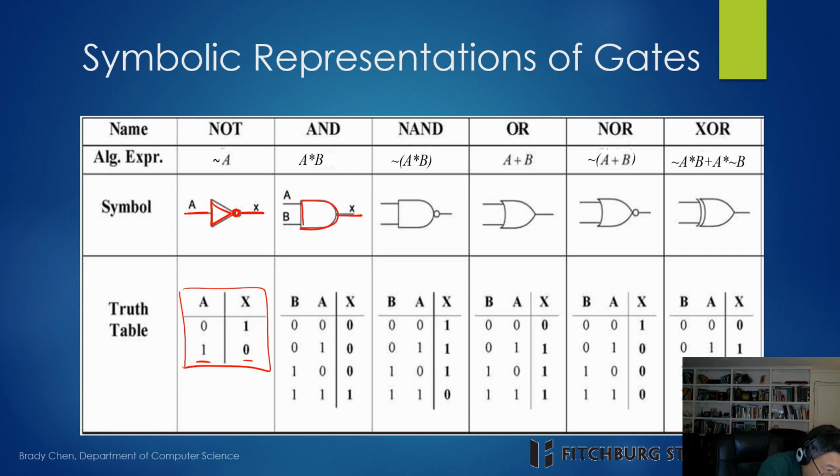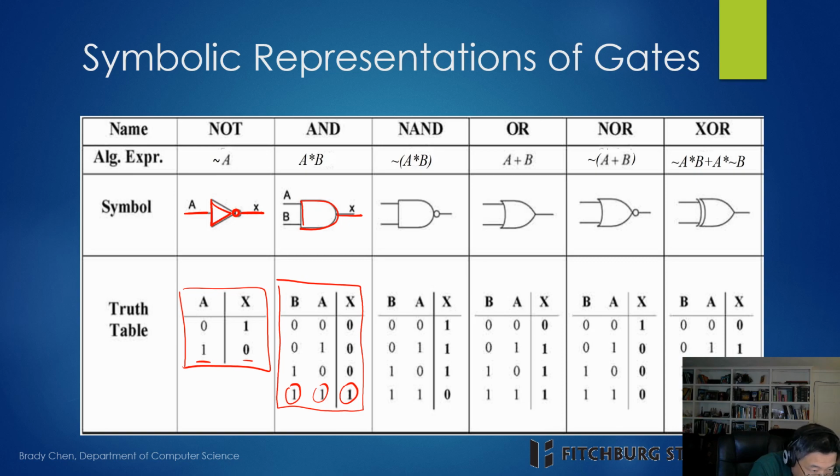So with the combination of the values of A and B, we can build the truth table for the AND gate. For example, if we apply electricity on both line A and line B, then the output X will be 1. That means the output also has electricity.